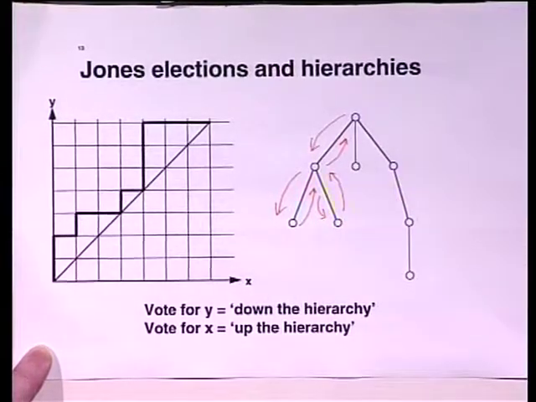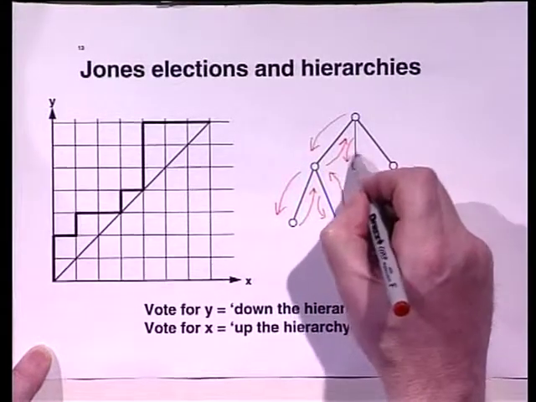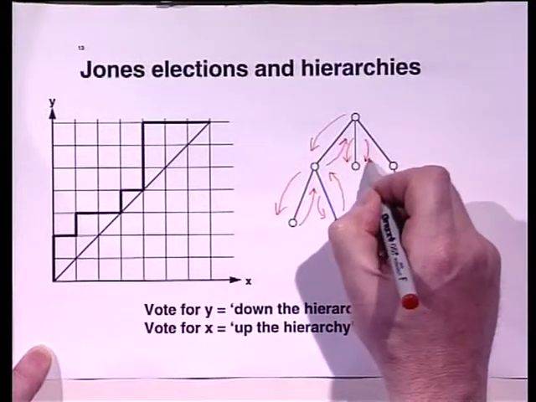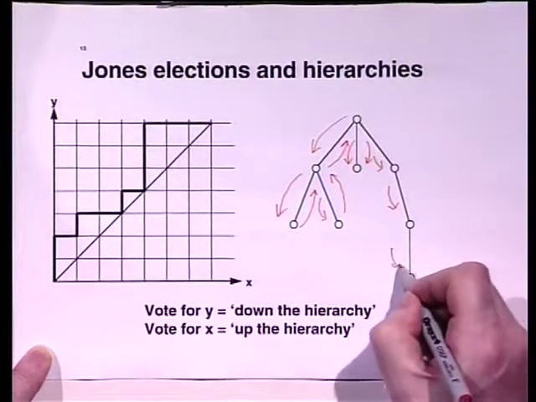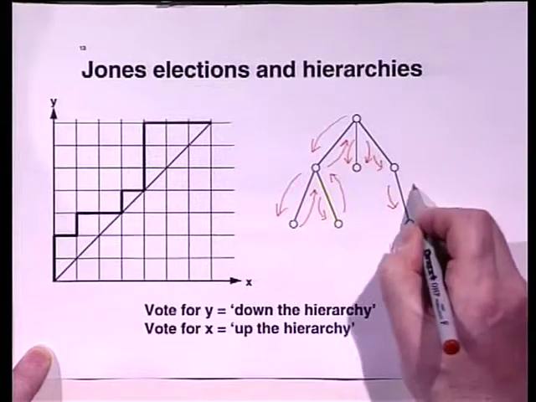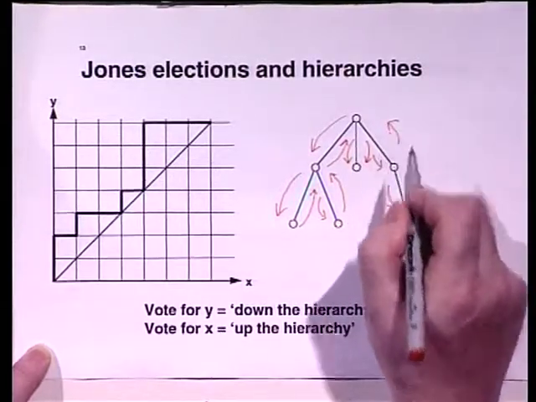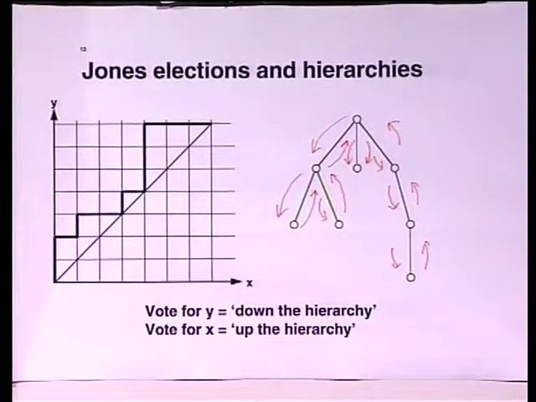And we can continue to do this following the Jones election: vote for Y, vote for X, vote for Y, vote for Y, vote for Y, vote for X, vote for X, vote for X, until we've traced the entire hierarchy.